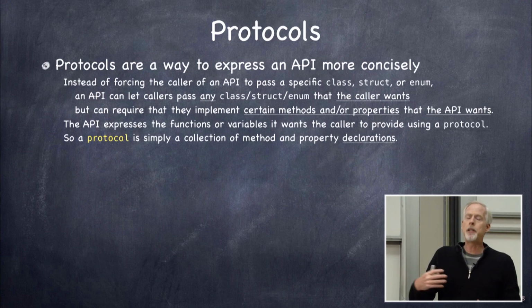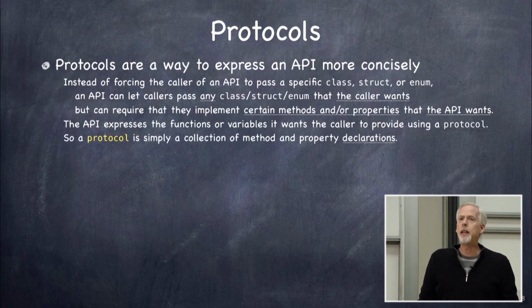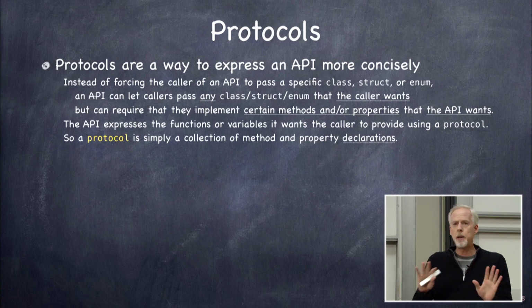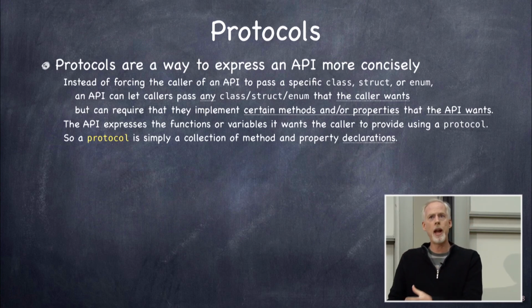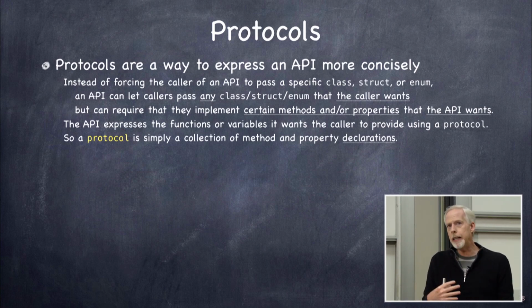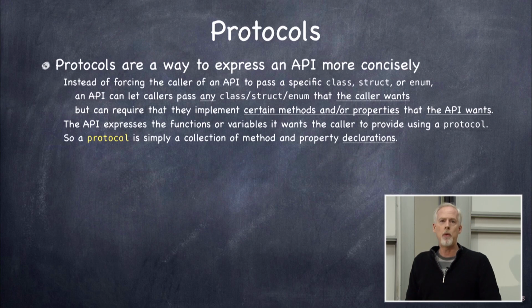And to do all this, all a protocol is, is a list of vars and functions. That's all a protocol is. It's just a list of them, not an implementation of them, just a list of them. And it's how we use them in the API that lets us get this behavior of having the callers and the callees get to express things the way they want.